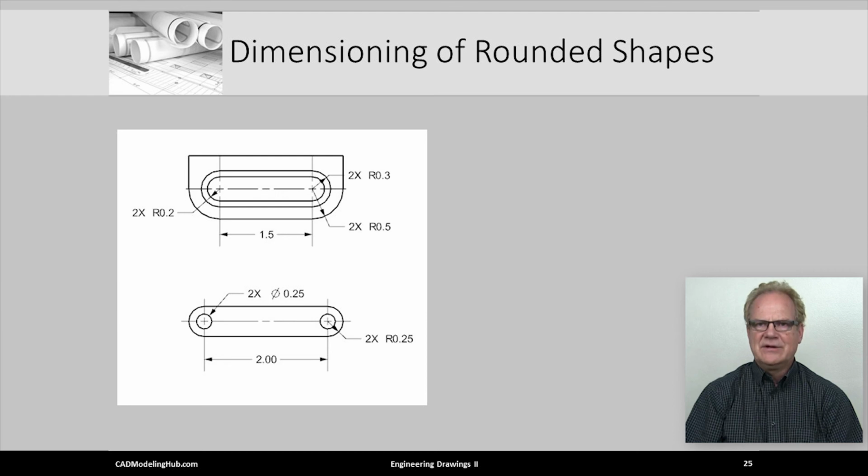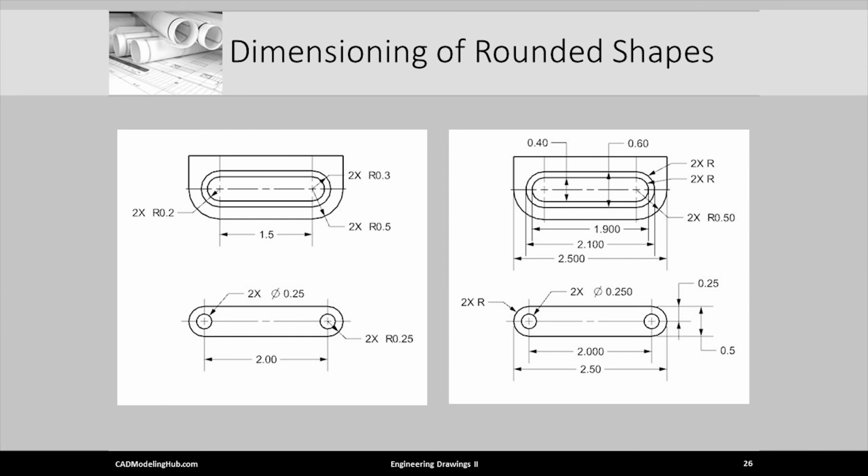The bottom example is also the dimensioning style preferred by manufacturers. Now compare the manufactured style dimensions to what we often find turned in by novice.